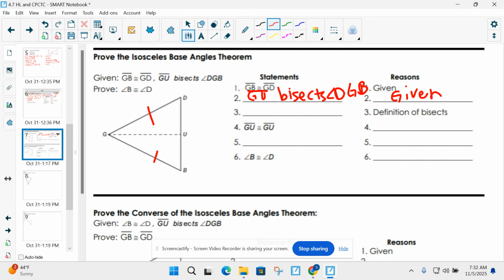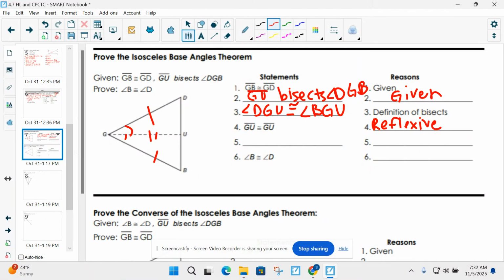So by the definition of an angle bisector, we know that DGU and BGU are congruent. So angle DGU is congruent to angle BGU. And we also know that GU is congruent to itself by reflexive property.